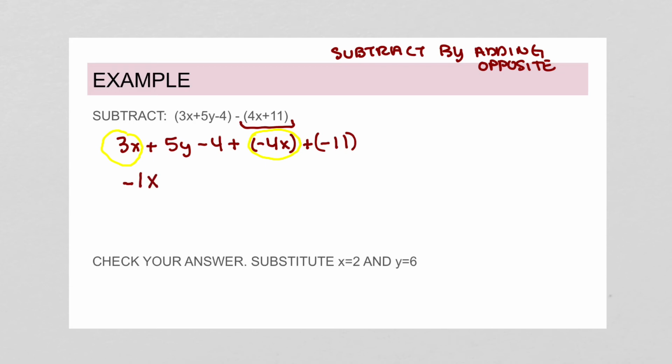And then let me look at my y's. I have positive 5y's there, and I don't see any other y's around, so I'm going to keep just that positive 5y. Okay, and finally let's look at my constants. I have a negative 4 and a negative 11. If I combine those together, I'm going to have a negative 15.